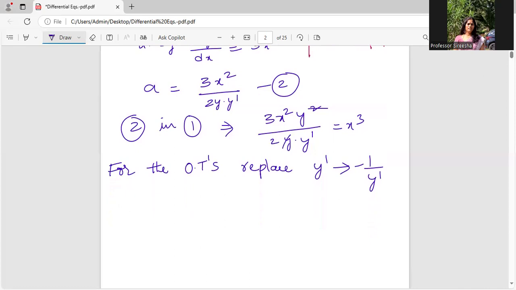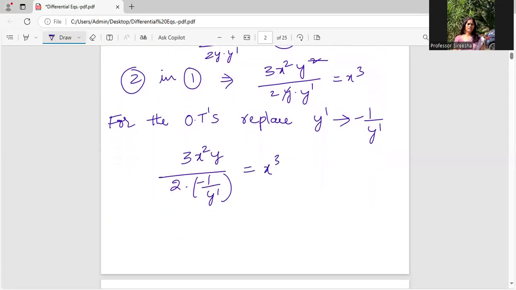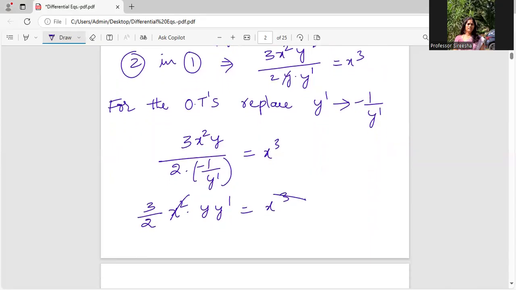So what I'll have is 3x squared y by 2 into minus 1 by y prime, equal to x cubed. Now the denominator goes to the numerator, so I'll be having 3 by 2 separately, x squared into y prime, equal to x cubed. Guys, I can cancel out x squared and x cubed as well. I didn't notice it.